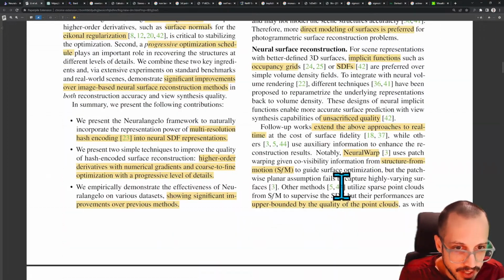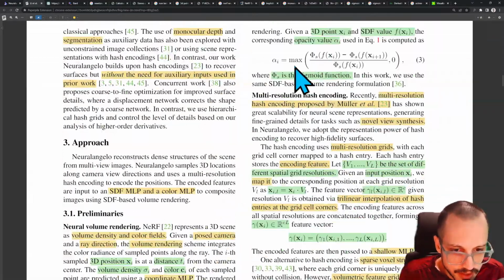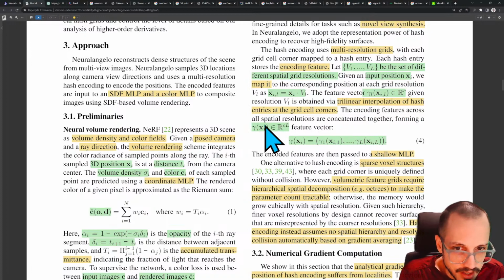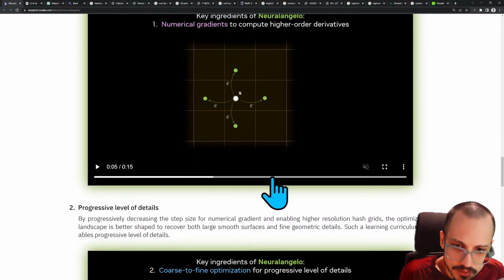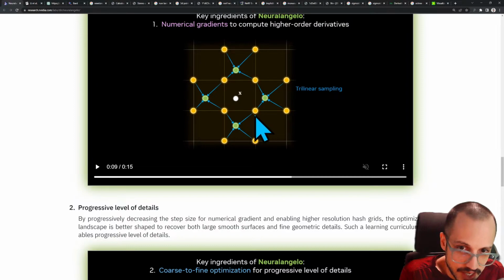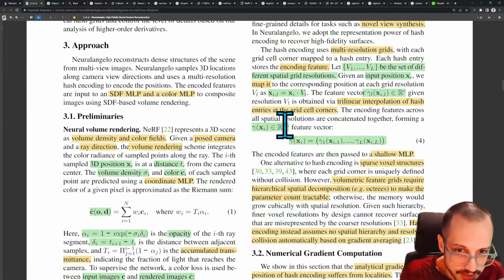So here, if you remember, up here, the encoding features across all spatial resolutions are concatenated together. So at every single point in your grid, you're going to have a vector which represents the feature at that point, and there's L of these.